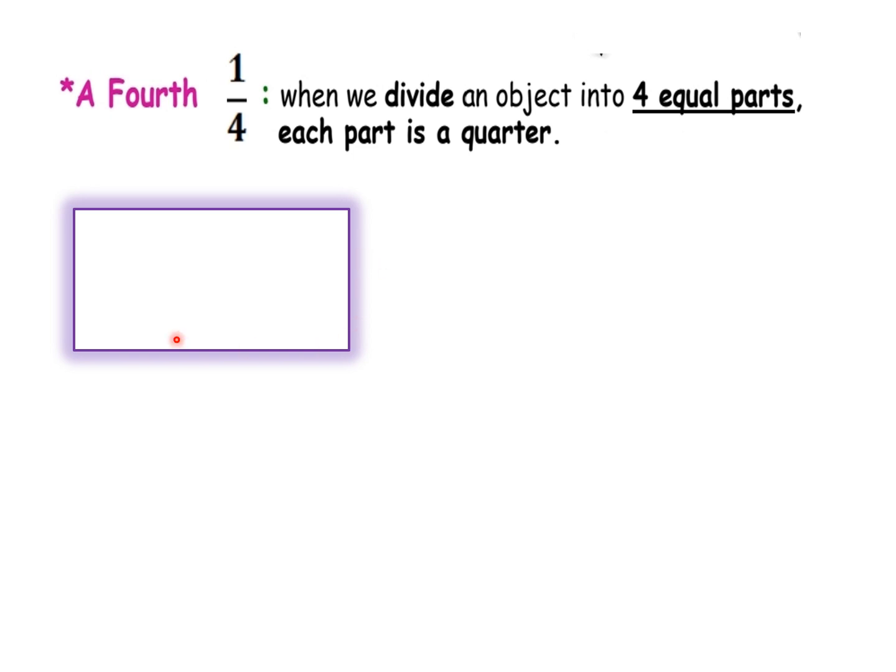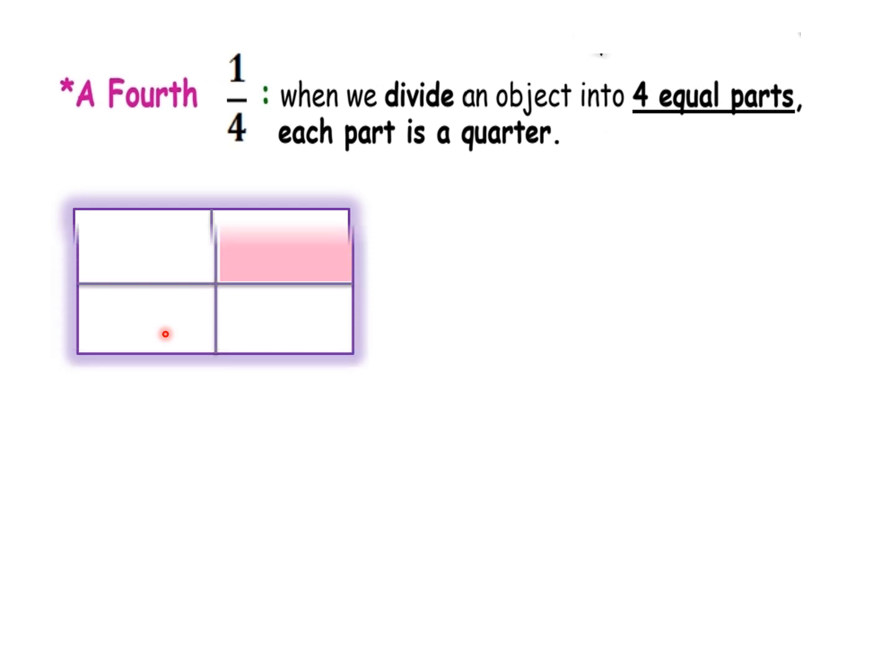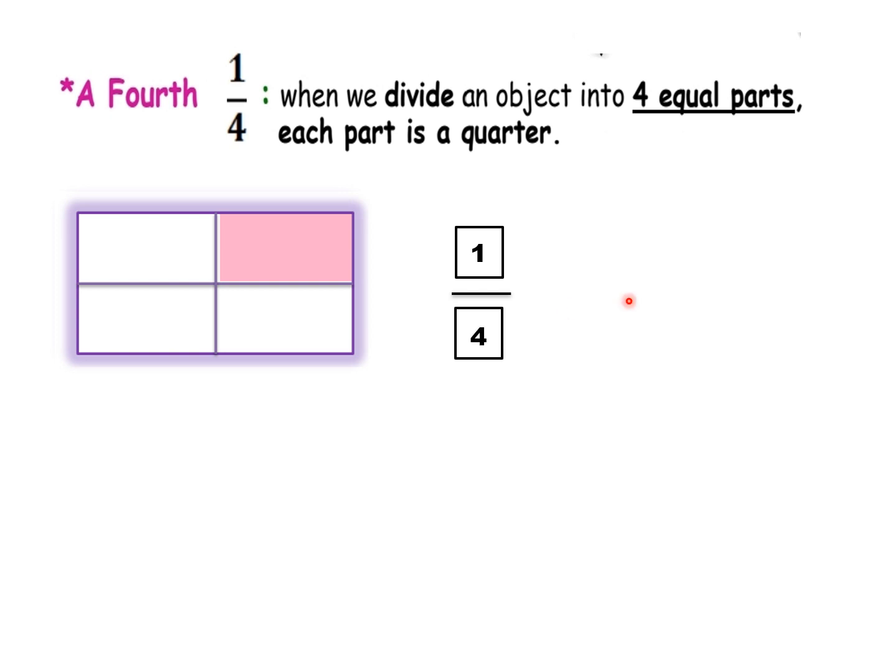So if I have a rectangle like this and I divide this rectangle into 4 equal parts and I take one part out of the fourth, it means that if I want to represent it as a fraction, I have 1 out of 4 pieces, so I can write 1 in the upper and 4 in the lower part. And don't forget the upper number is called the numerator. The lower number here is called the denominator.